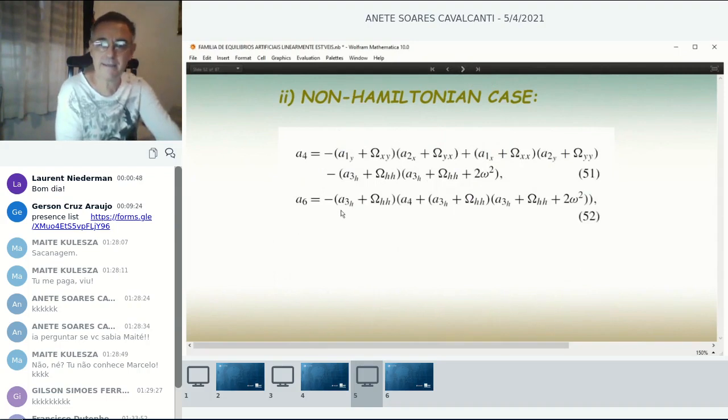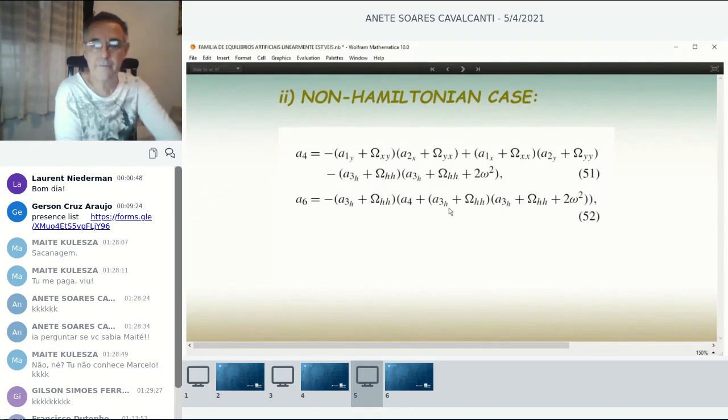A4 and A6 are a little bit more complicated, but remember, we have to demand that A6 is equal to 0. So when we ask for this condition, A6 equals to 0, A6 will be obviously equal to 0.